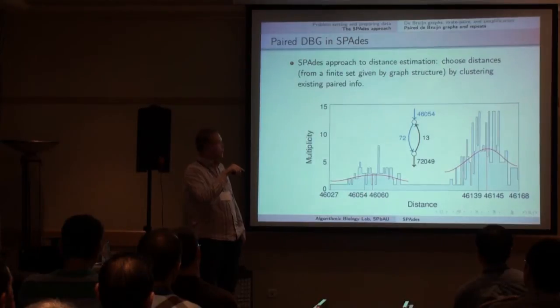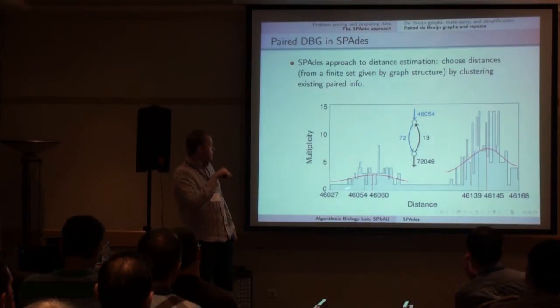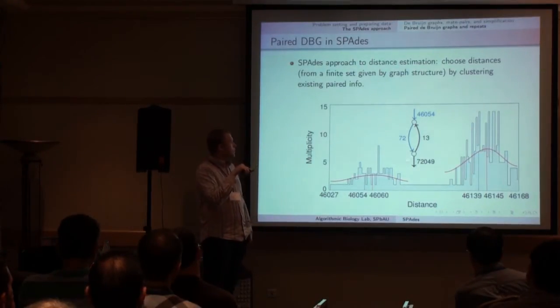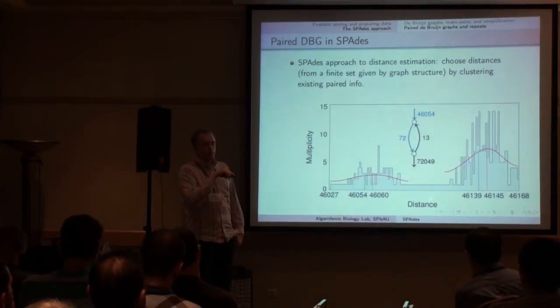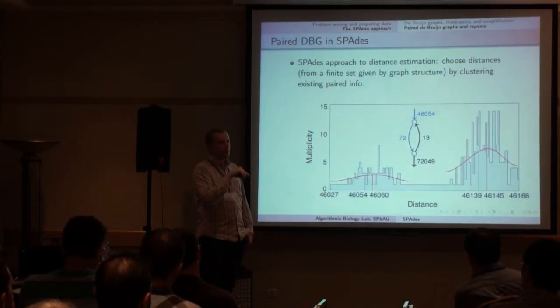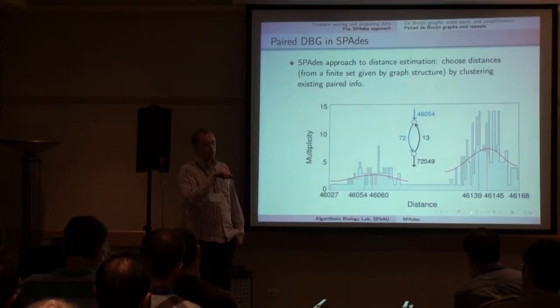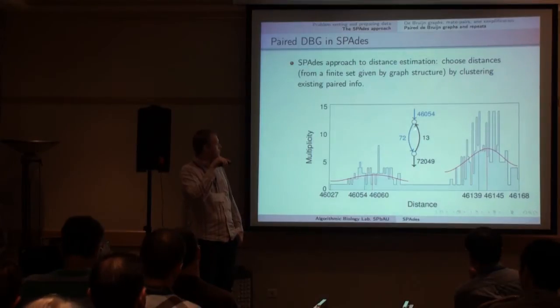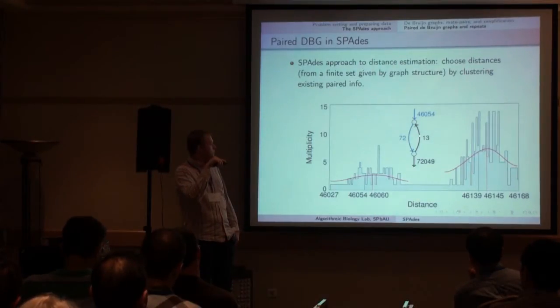Okay, I don't want to get into the numbers, but basically this histogram shows that you do have to go around this loop at least once. And if your insert size is long enough, then you can say that only once. If it is shorter, then you cannot really say if you have to do it twice. But basically, what you can conclude is that this 13 is not erroneous. You have to go around.